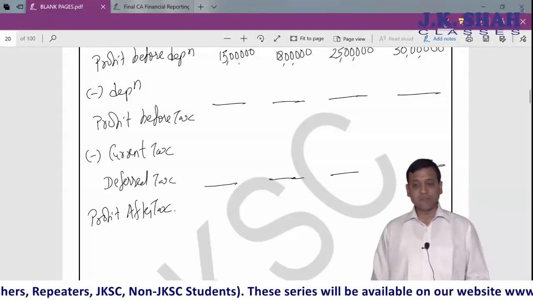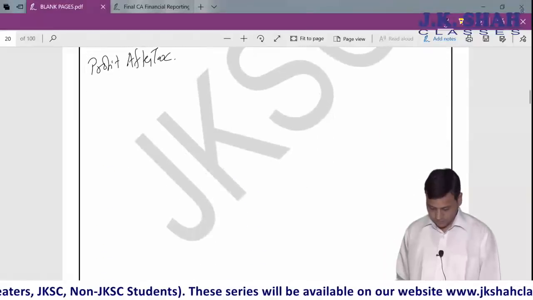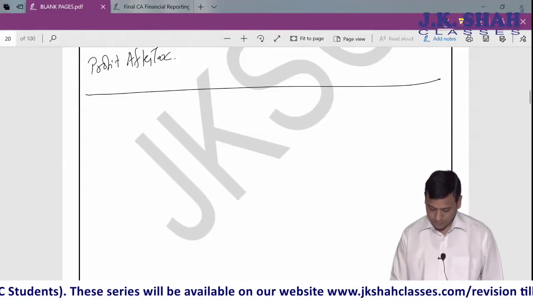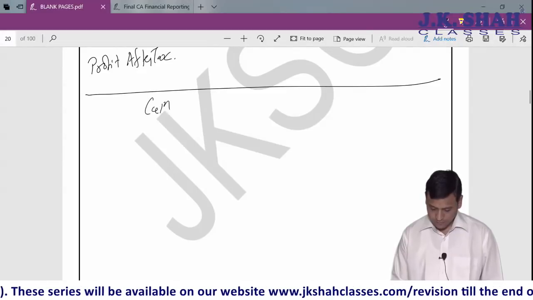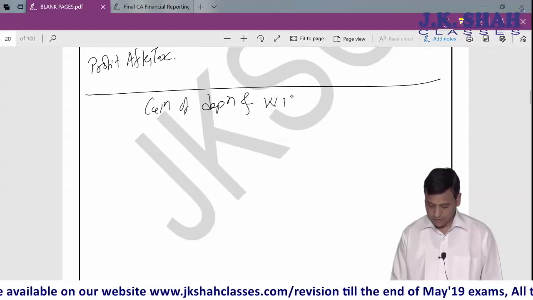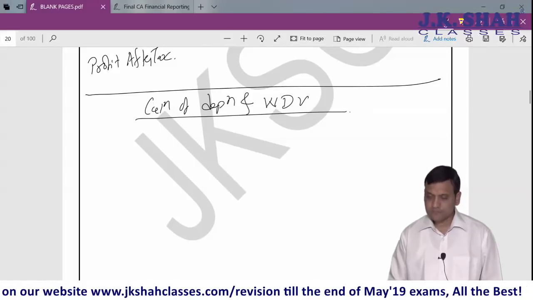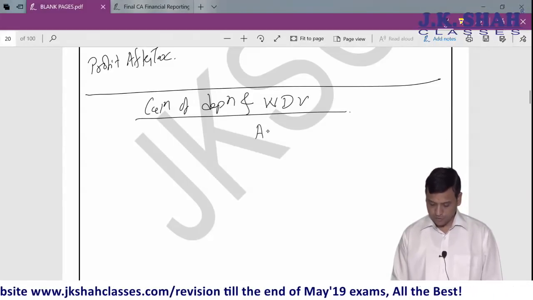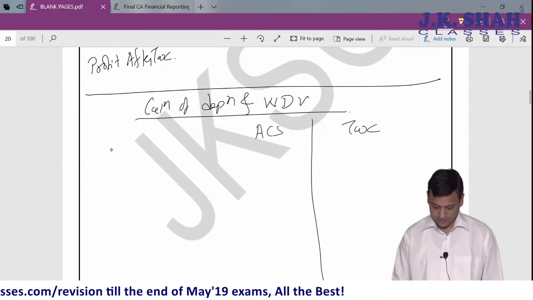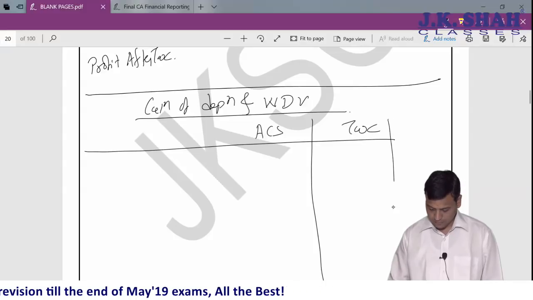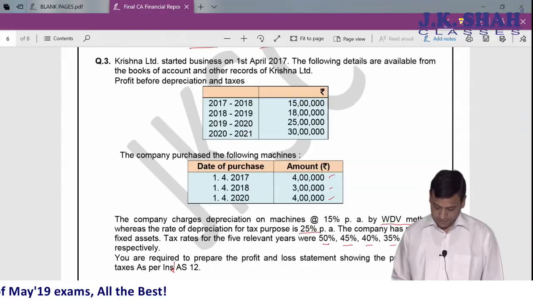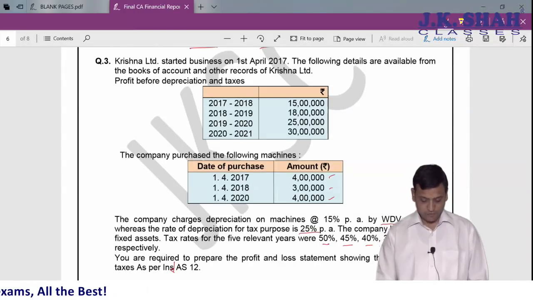So now, how much depreciation? I'll just make a table there. Calculation of depreciation and WDV. I'll do it for accounts and for tax, both of them simultaneously. Now, what has happened? You purchased on 1/4/17, 4 lakhs.